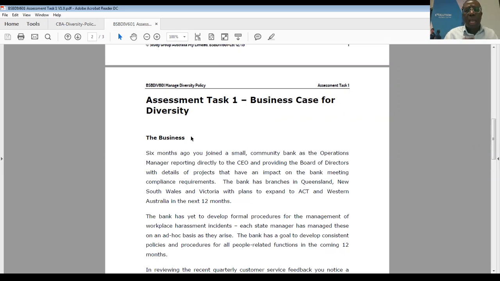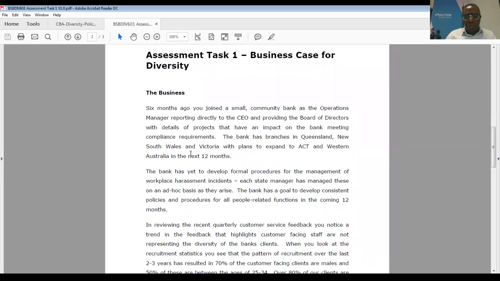How will it work, and how will it be implemented? What are the benefits? You look at the pros and cons, and look outside the box to see who else has implemented this, how they did it, and what the success rate has been. For whatever policy an organization implements, they also need to decide how they will monitor it to make sure it's working well. So let's look at this business case.